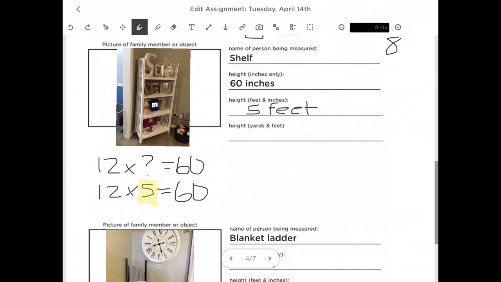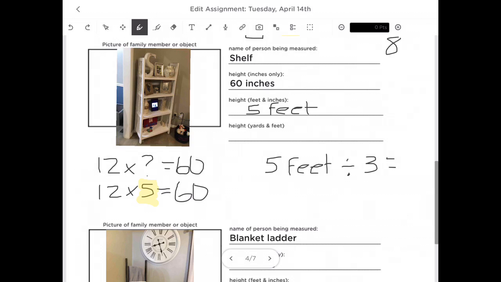Now to convert it into yards, you're going to be dividing. So you're going to take how many feet you have. So that would be your 5, divided by how many feet it takes to make 1 yard, which would be 3. And that's going to give you your feet and your yards.